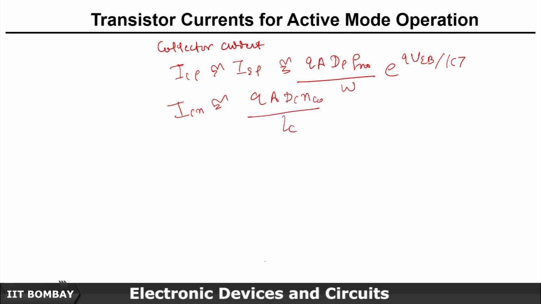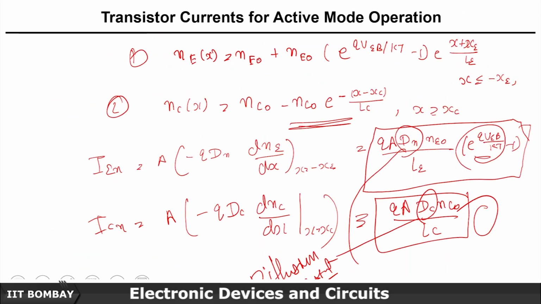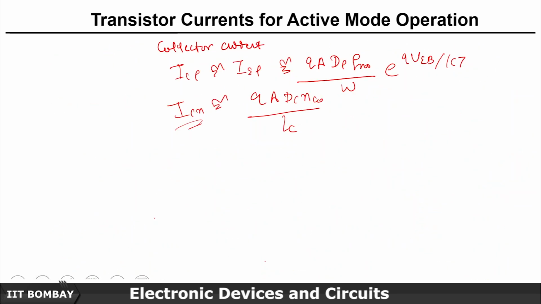So the only difference here compared to IEN, if you remember, is that there is no exponential term, right? So that you need to keep in mind.